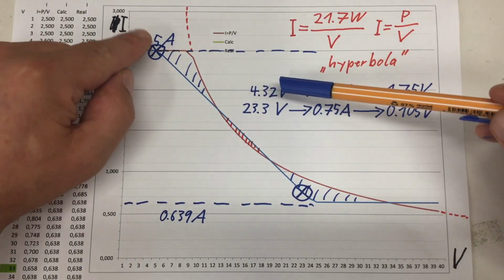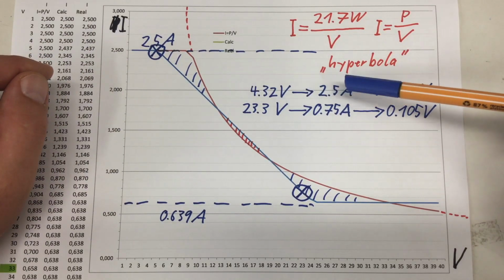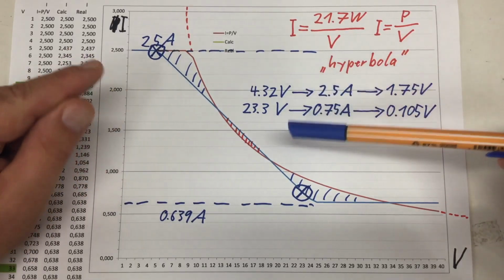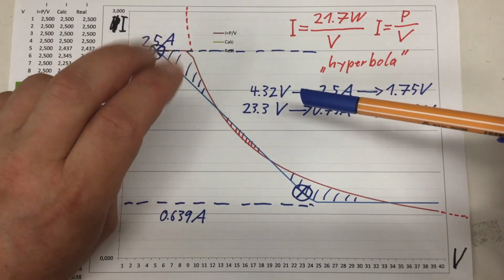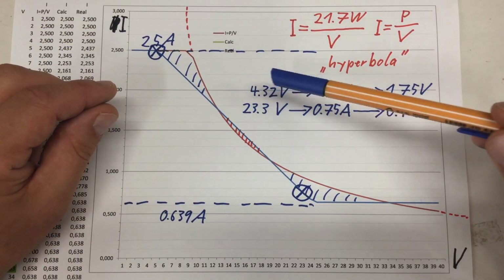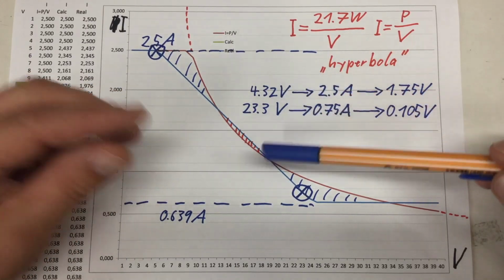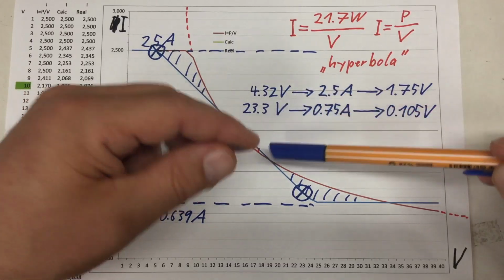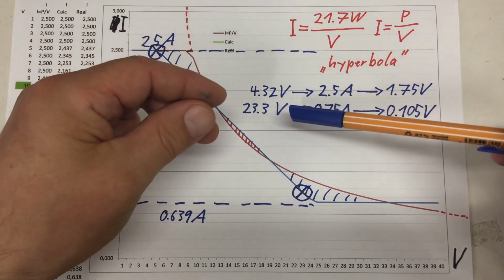The first point here is at 4.32 volts. I want 2.5 amps, my maximum. Initially with the better heatsink, that voltage was much higher, 5 or 6 volts. But hey, I can still put 2.5 amps at a fully loaded lithium-ion battery.